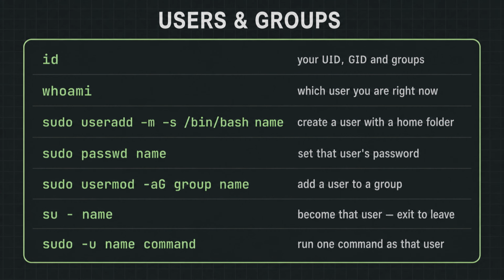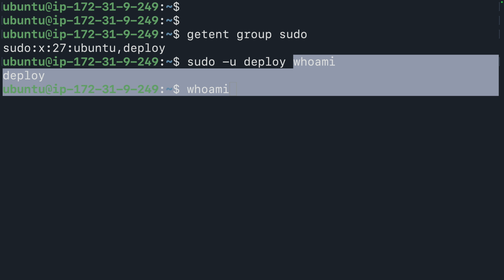And then we also learned how to run a command as another user: if you have to run a command with a particular user, we can use sudo -u deploy and whatever command we want to execute. So that was all about users and groups.